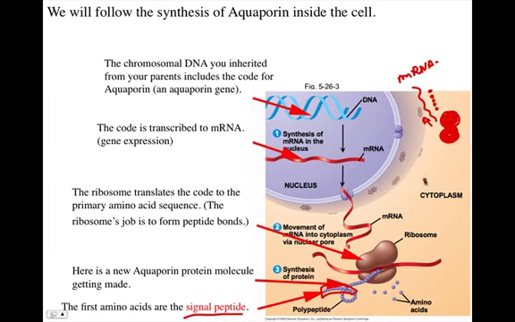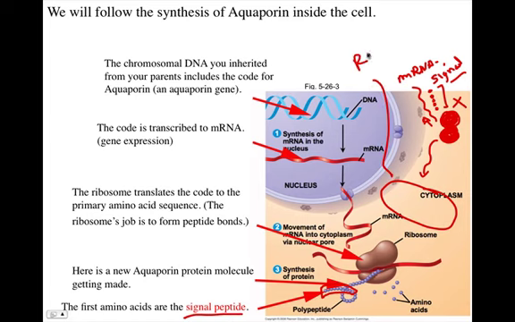So what happens is the ribosome is just loose in the cytoplasm. It starts to synthesize the protein, and if the first amino acids are a signal peptide or signal sequence, the ribosome stops synthesis and it just floats until it bumps into a special organelle in the cell called the rough ER.